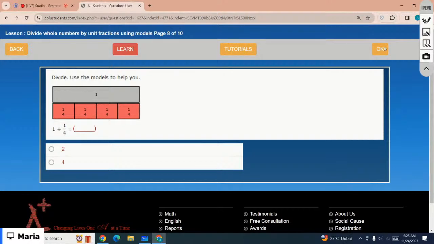Yes, the correct option is 4. 1 divided by 1 fourth equals 4.